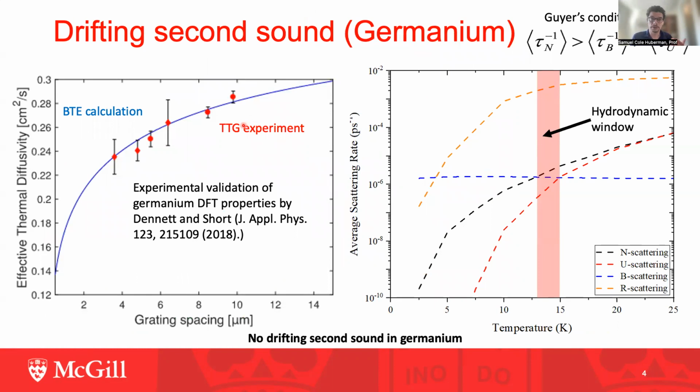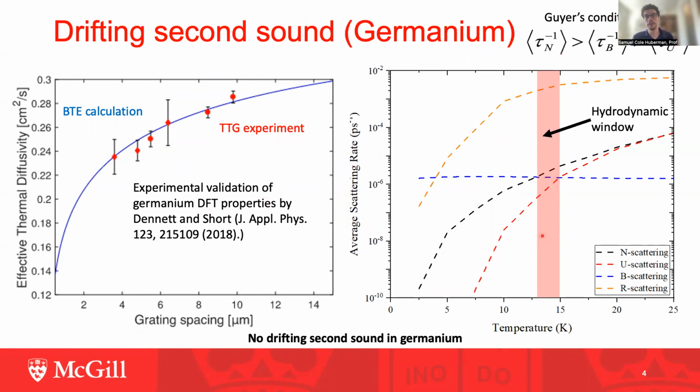So the properties for the work that you're seeing here were previously validated independently in the TTG geometry, wherein we do see deviations from the bulk thermal conductivity even at grating periods of 10 microns at room temperature. So using those properties, we can verify our Geyer condition for the hydrodynamic window.